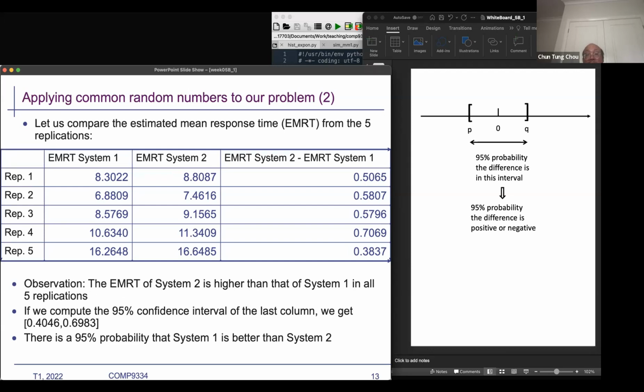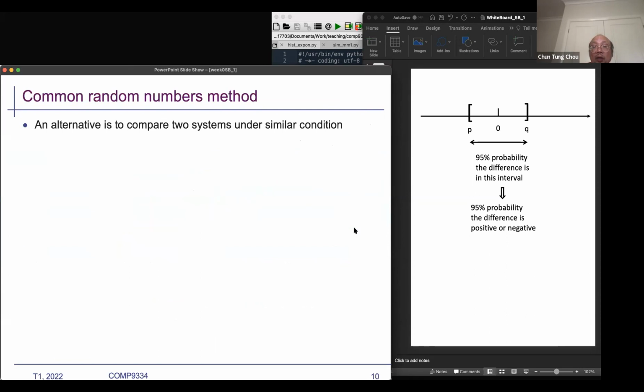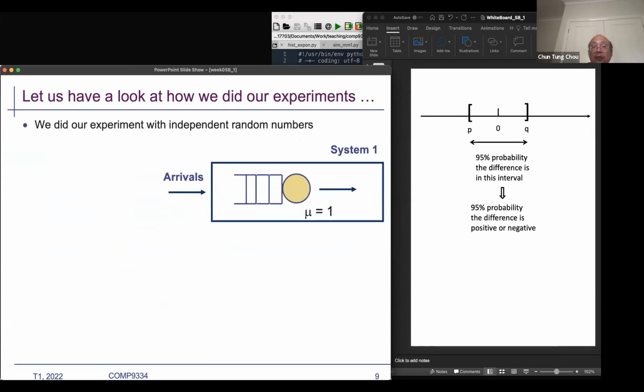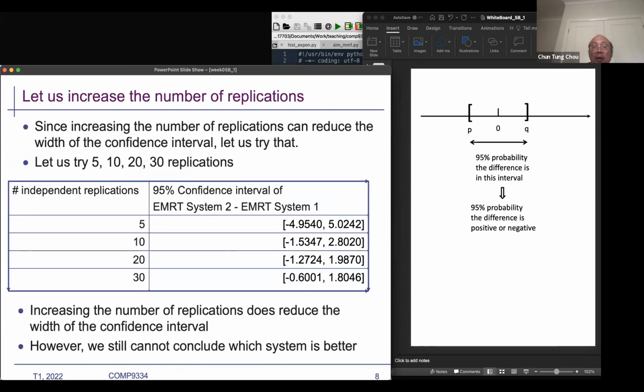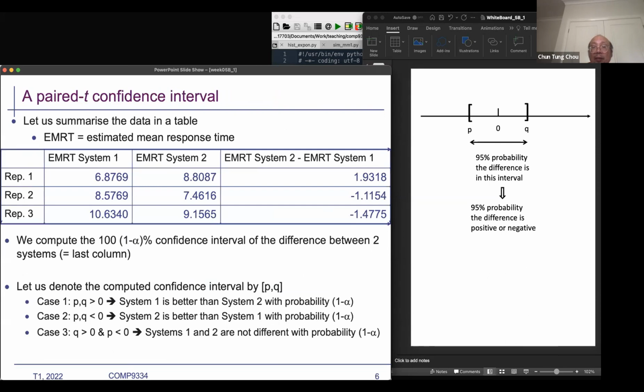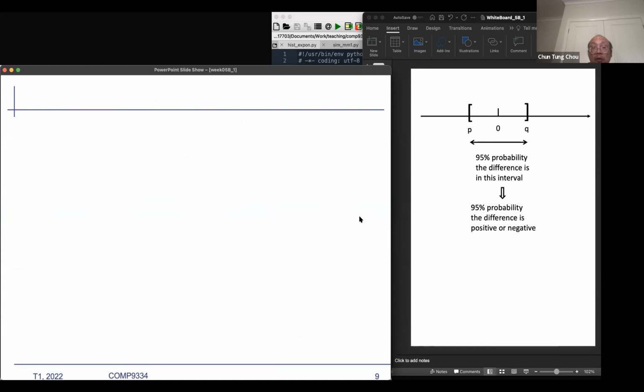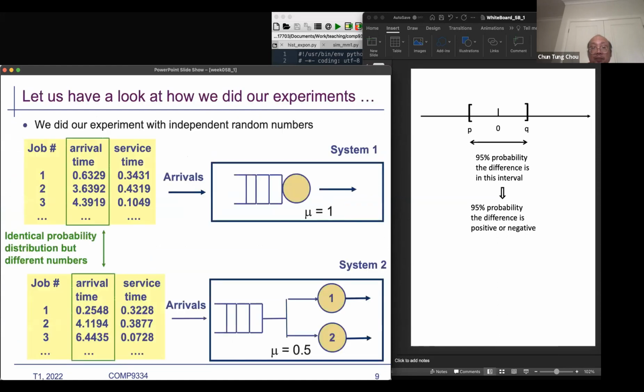One observation you can make here is that in this difference column, this time I only see positive numbers. If you go back to the earlier slides and look at the difference column, I get both positive and negative numbers.